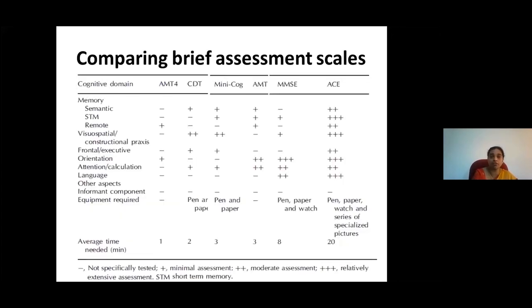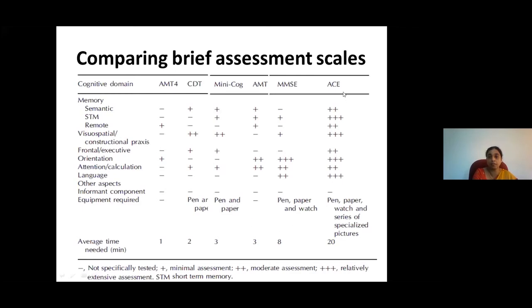So this is comparing brief assessment scales. You can see the MMSE assesses 5 components, and it takes 8 minutes. The mini-cog is the clock drawing and the recall test, which assesses 5 components. So it is just 3 minutes. So the mini-cog has a good sensitivity according to this, and the resources are pen and paper only.